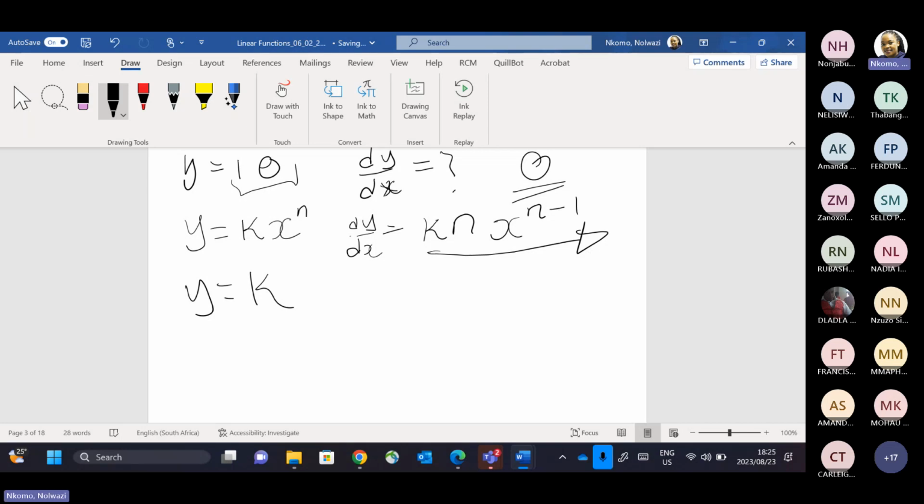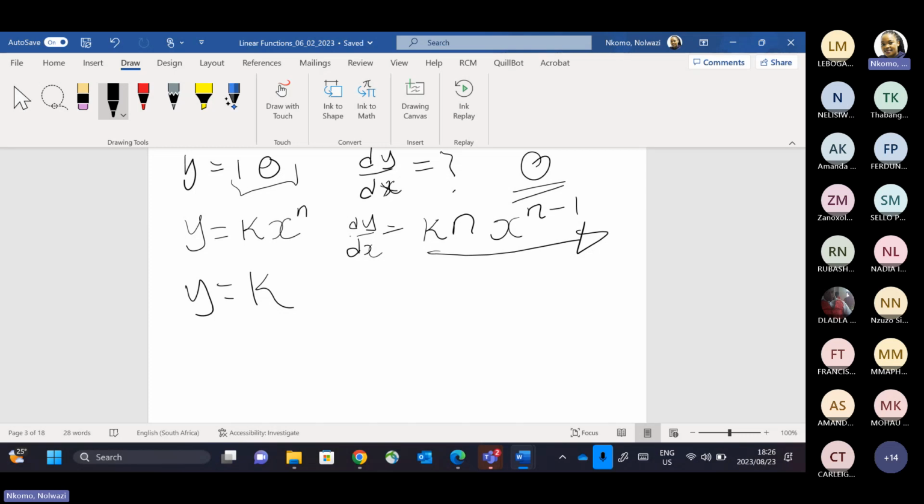Okay. Remember, I think it's in grade 8, where you learn the exponents, right? There, from the rules of the exponents, you were told that any number raised to the power 0 is 1.